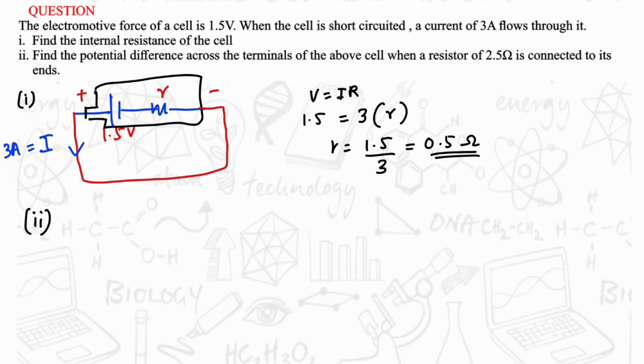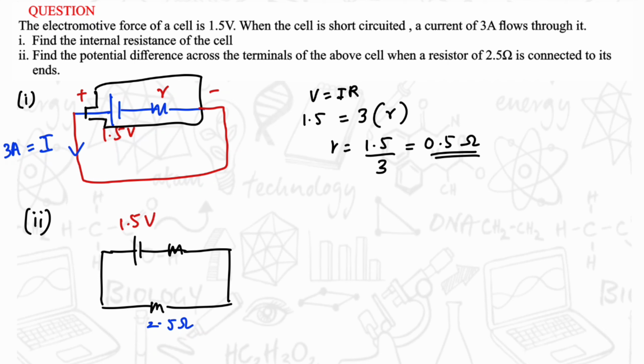And in Roman number 2, find the potential difference across the terminals of the above cell when a resistor of 2.5 ohms is connected to its end. Let's draw a simple diagram. This is the external resistor with resistance 2.5 ohms and the EMF value is 1.5 and the internal resistance will be 0.5 ohms.